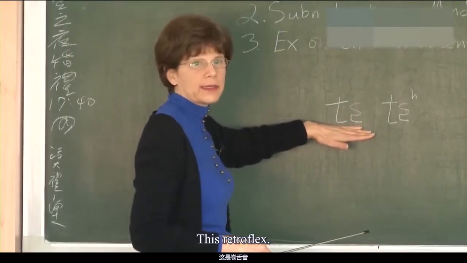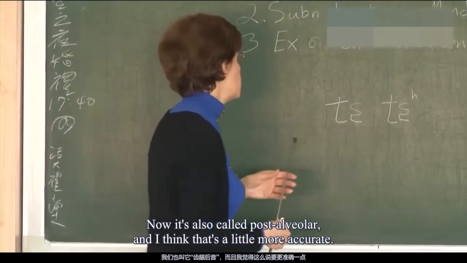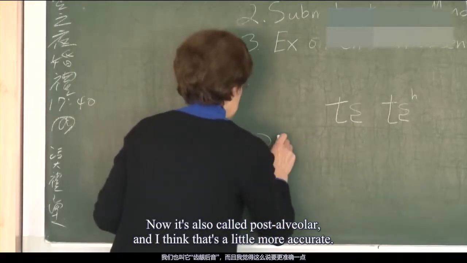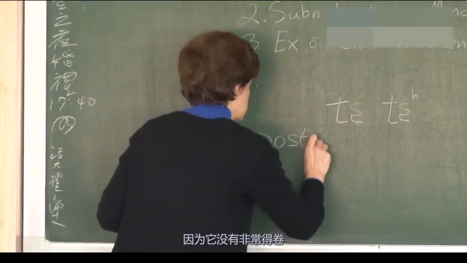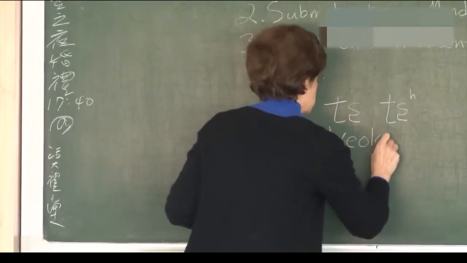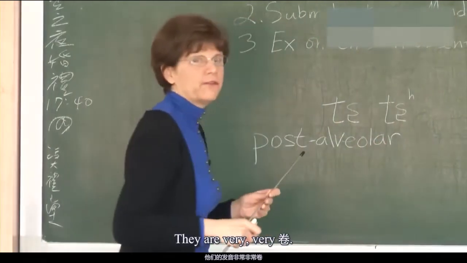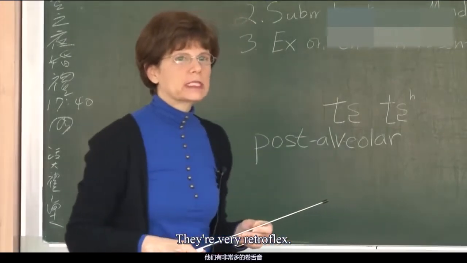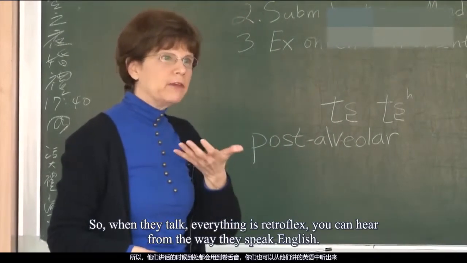This retroflex. Now, it's also called post-alveolar, and I think that's a little more accurate, 因为它没有非常的卷，不像南印度，印度南部。They are very, very 卷. They're very retroflex. So when they talk, everything is retroflex.